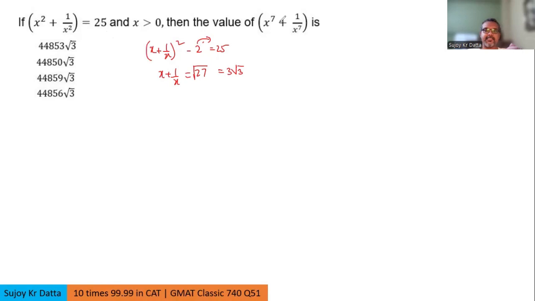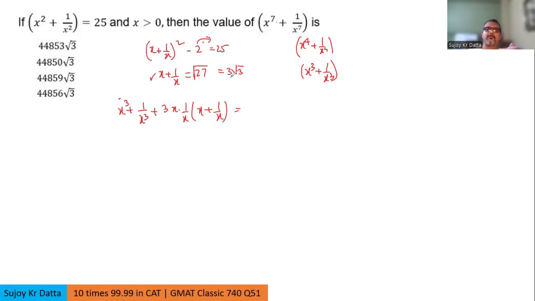Now to get x to the power 7, an easy way could be to multiply x to the power 4 plus 1 over x to the power 4 with x cube plus 1 over x cube, and see what we get. So let us first figure out x cube plus 1 by x cube. If I cube this, I get x cube plus 1 over x cube plus 3ab times (a plus b).